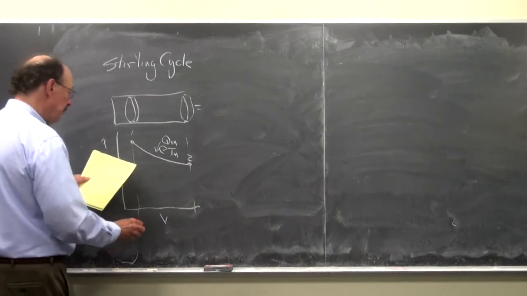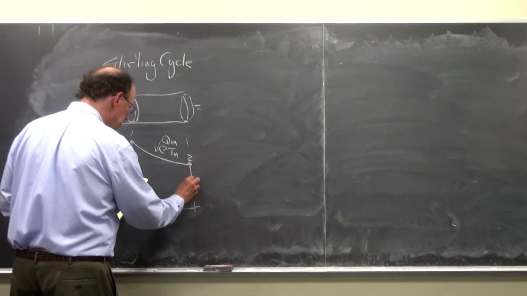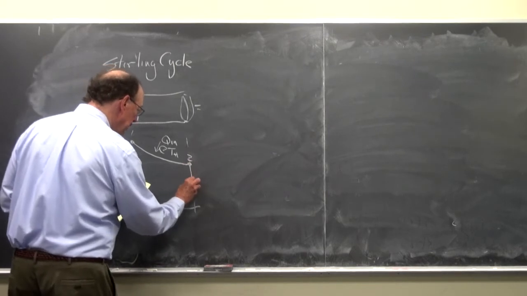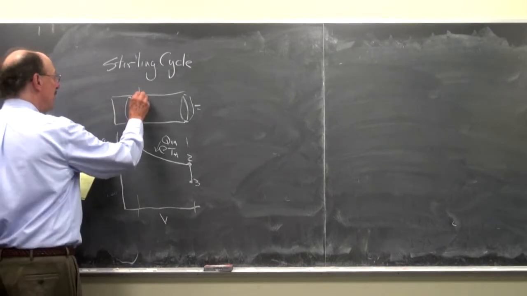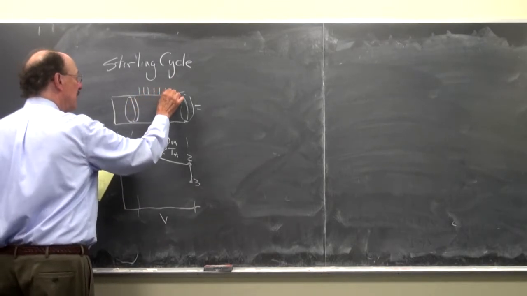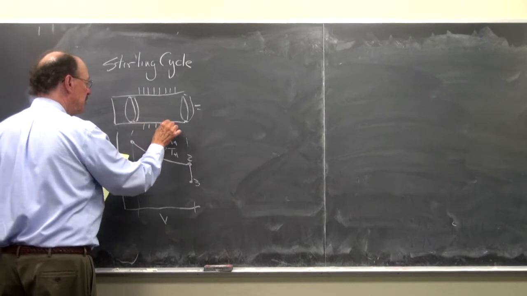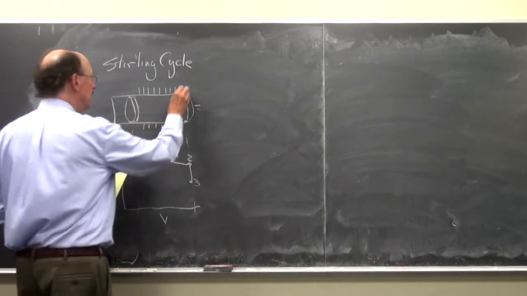Then from 2 to 3, we're going to store heat in a regenerator. So we're going to have a regenerator, and so when I look at a regenerator, I'm going to have something here, and basically I'm going to store energy in the regenerator.